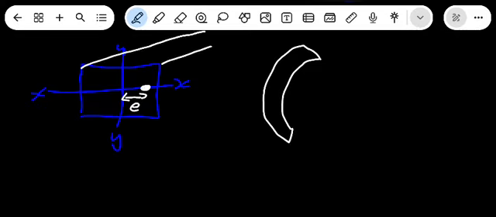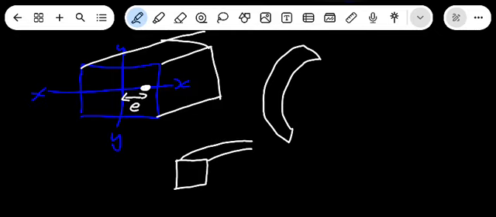Let me draw an isometric so that you'll understand. The bar will bend now in this format, like a curve. You understand what I'm trying to illustrate.